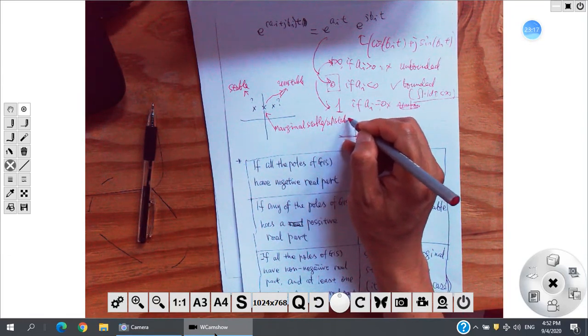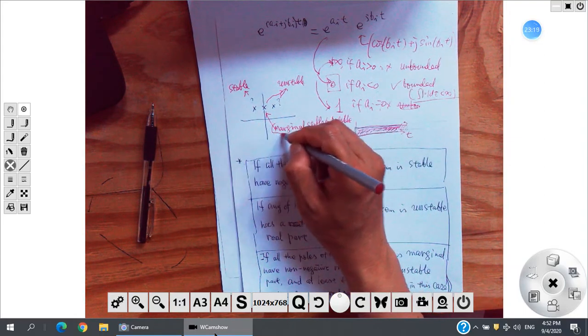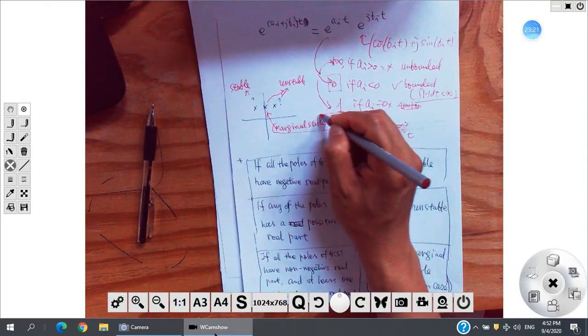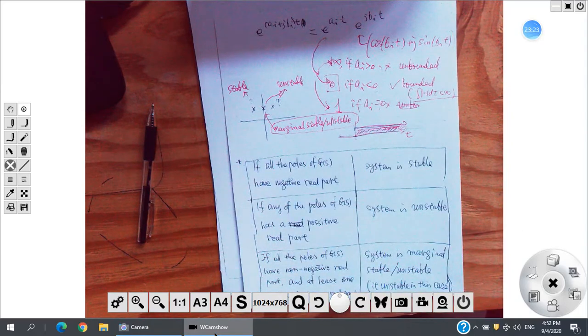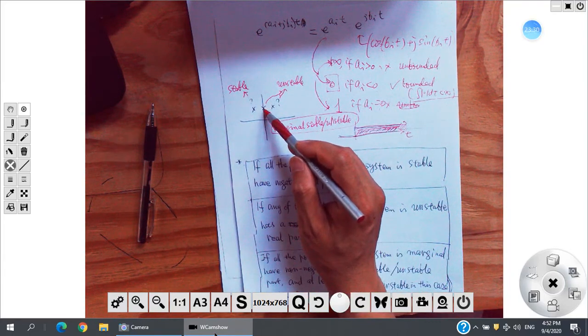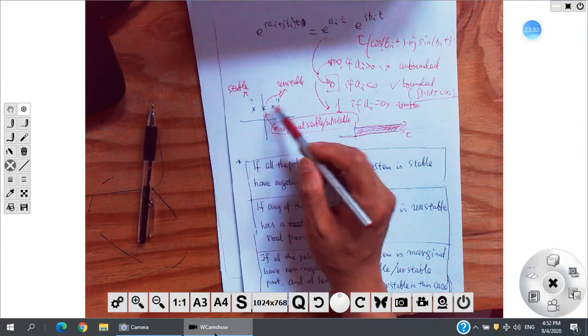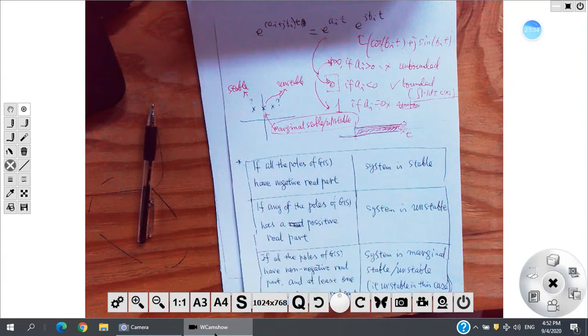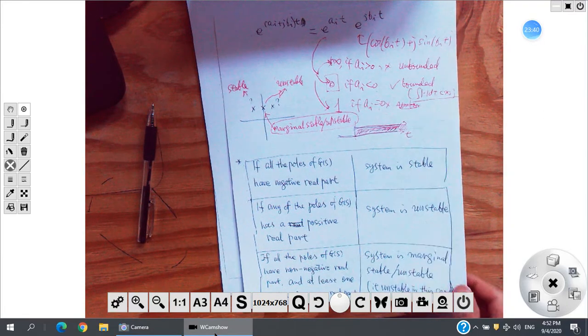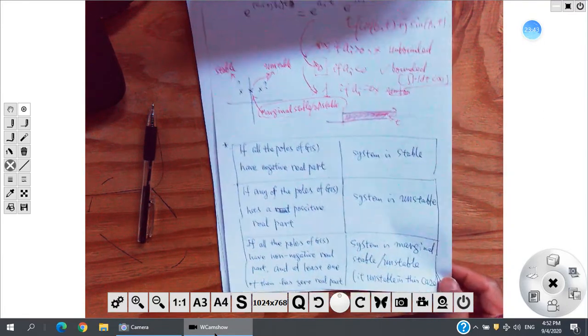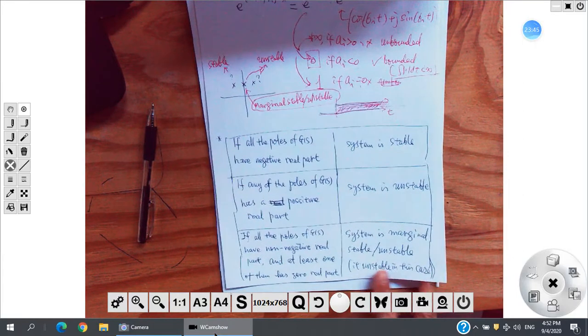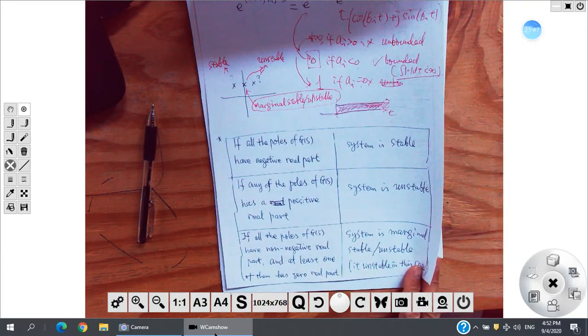The same thing, but someone calls these marginally stable, someone calls these marginally unstable. Basically, in this case the system is still unstable. You give some bounded input, the output may go to infinite. So this is the stability, and usually we just check the location of the poles, then we know whether the system is stable or not.